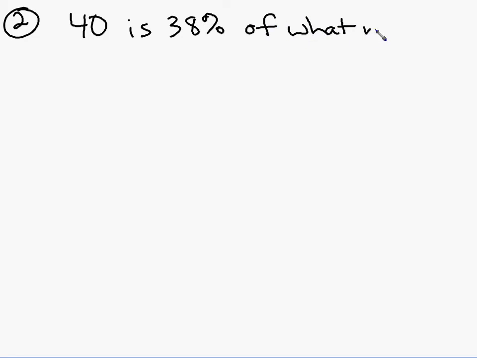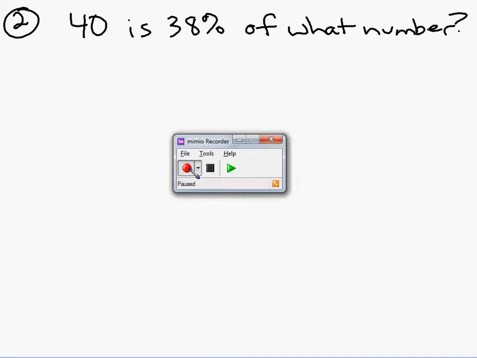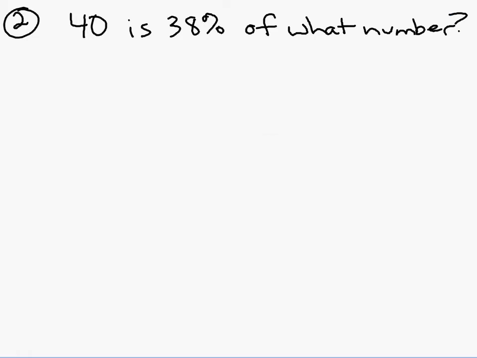Number 2. 40 is 38% of what number? On this problem, we start it the same way. Part to whole equals n to 100. Now, once again, you have to pay attention on these problems because they're kind of changing a little bit every time. Am I given a percentage on this one? Yeah.